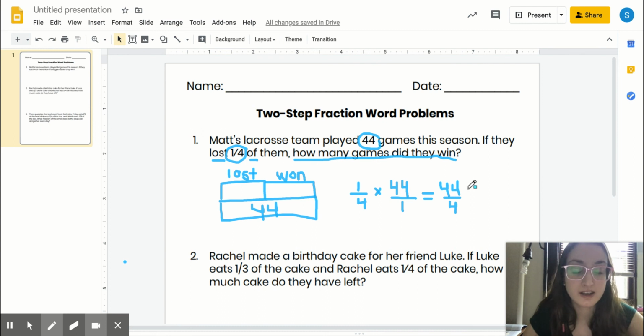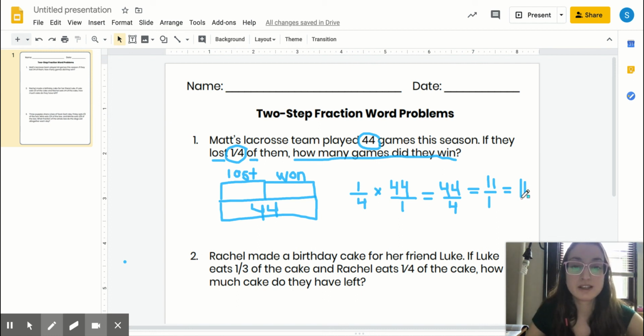Yes, I can. Now I know that 4 can go into 44 11 times because 11 times 4 is 44. So if I divide by 4, I can do 11 over 1. 44 divided by 4 is 11. 4 divided by 4 is 1. And that's the same as just 11, right? Okay, so 1/4 of 44 is 11.